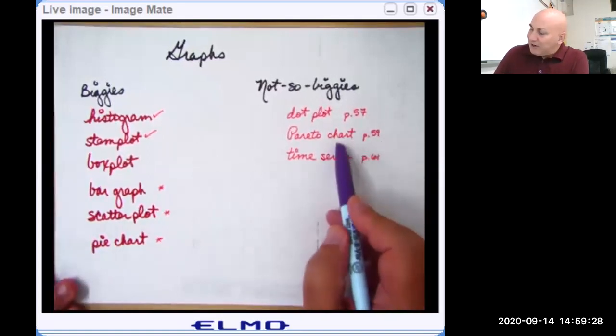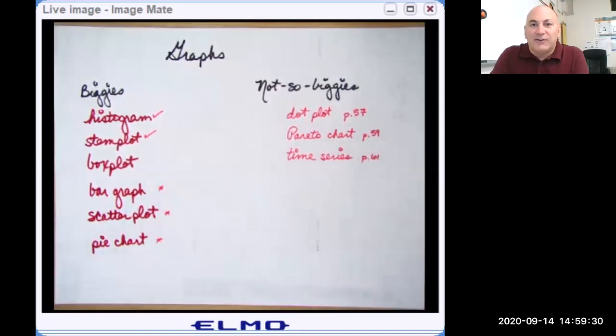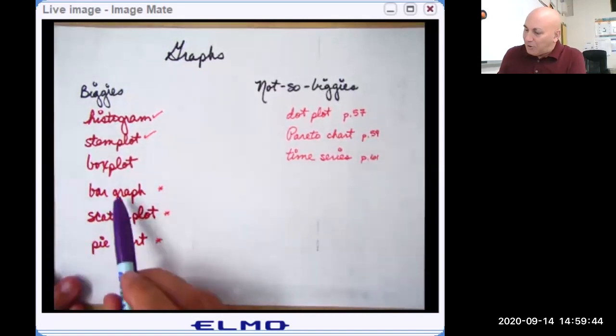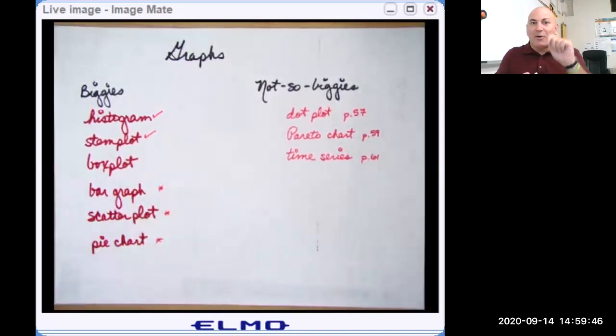The Pareto diagram is pretty interesting. It's used in statistical process control. What you do is you rank order the qualitative variables, and you do a bar graph of them. So the height of the bar represents your frequency, but you put the bars in order from tallest to shortest.